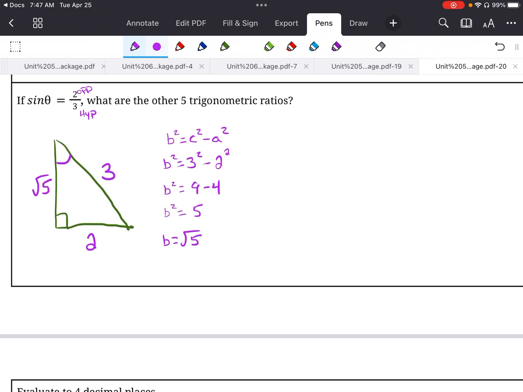Okay, it gave us sine, so let's work with the other 5. So sine was 2 over 3. Cos and tan: cos from that top angle is adjacent over hypotenuse, and tan is opposite over adjacent.